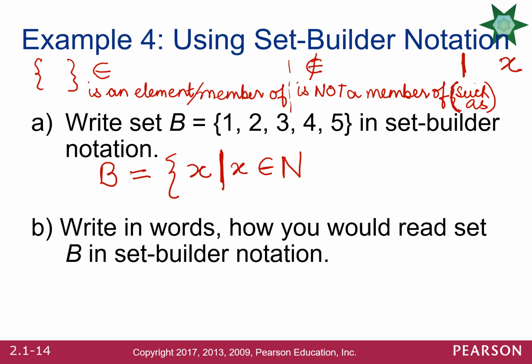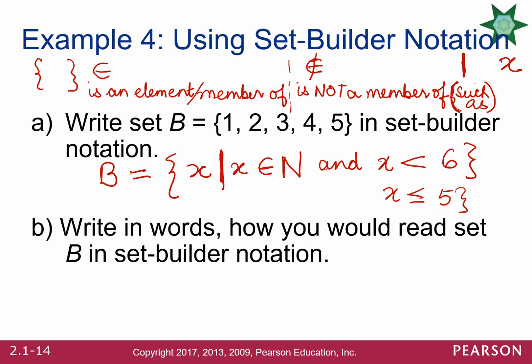So we have to say and x is less than 6, and then close the brackets. Now we could either write x less than 6, or you could say x less than or equal to 5 as well. That would also be correct.